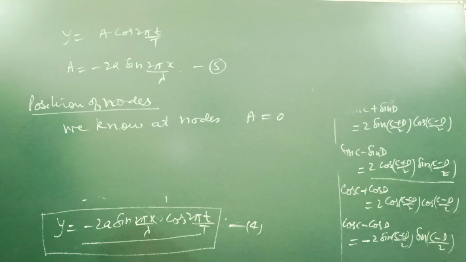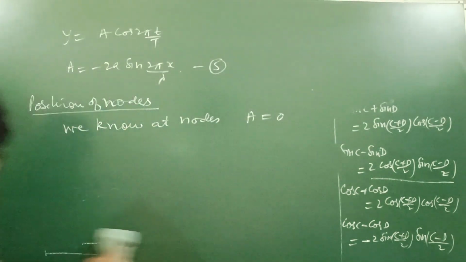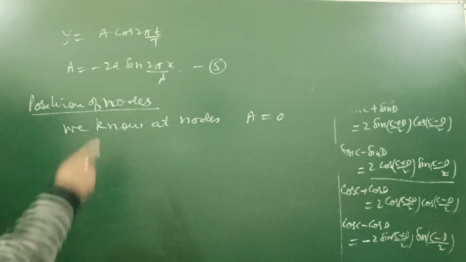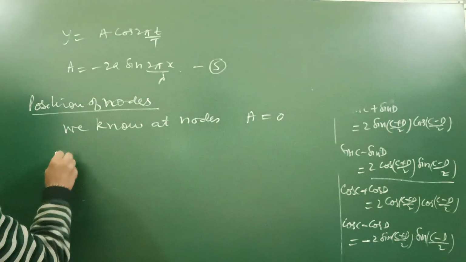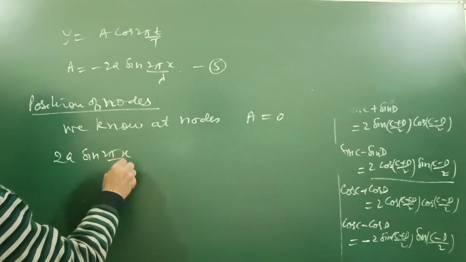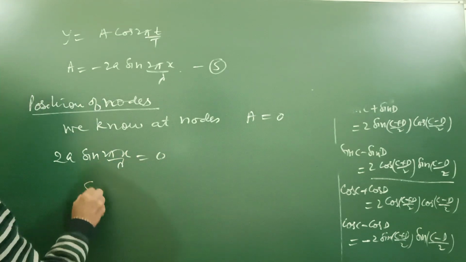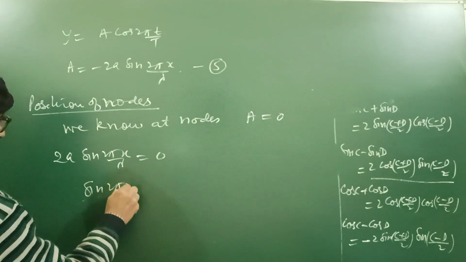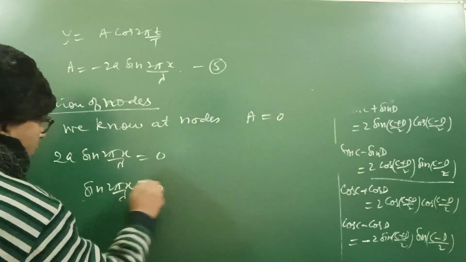Amplitude of vibration 0. So from equation 5, 2a sine 2 pi x upon lambda is equal to 0, or sine 2 pi x upon lambda is equal to 0.